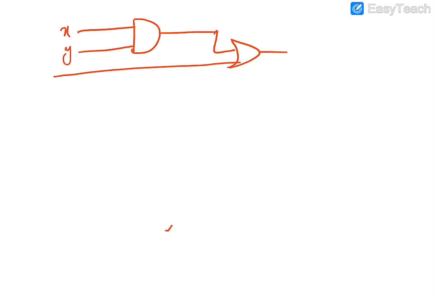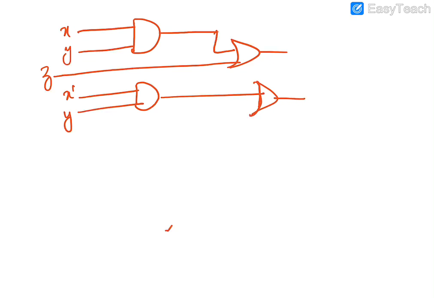For example, we have a multi-level circuit like this, and we have to implement it with the help of NOR gates only.